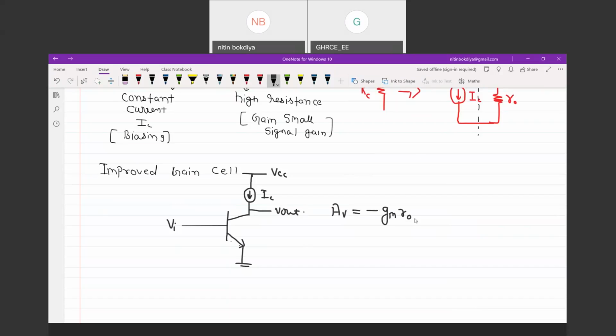And this RO is the output resistance, the internal resistance of the current source. RO is the internal resistance of the current source.